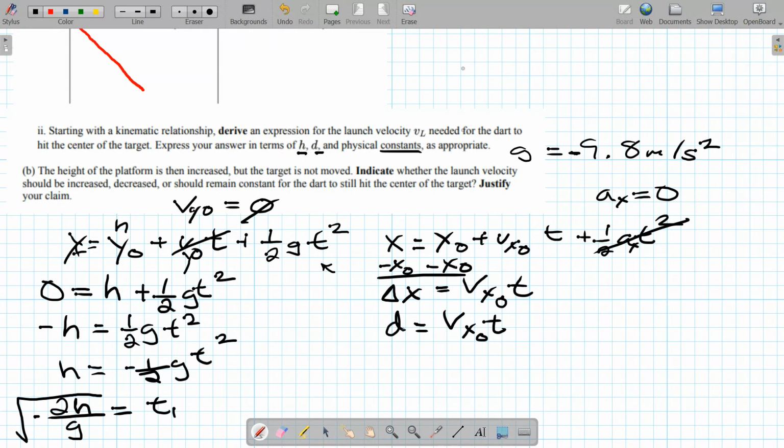Then I'm going to take this value and plug it in over here. So I get d is equal to v sub x times the square root of that.